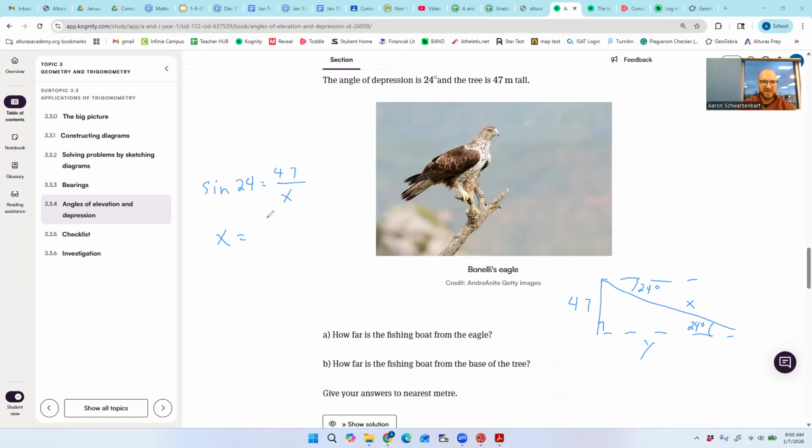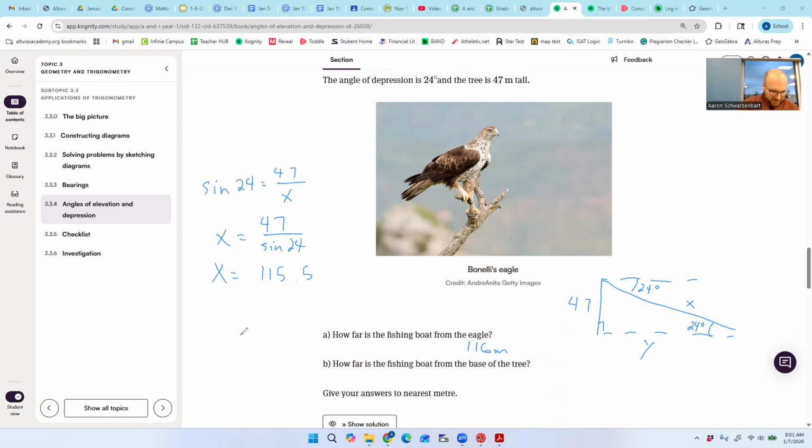So I'll multiply by x and divide by sine 24. And I get the distance from the eagle to the fishing boat is 115.5, so to the nearest meter, 116 meters. How far is the fishing boat from the tree?